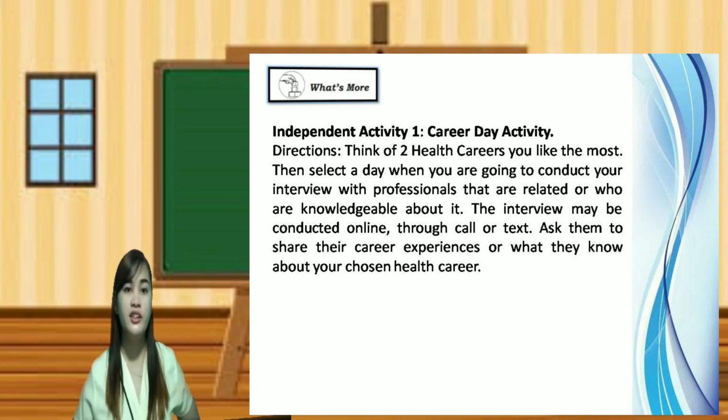Then select a day when you are going to conduct your interview with professionals who are knowledgeable about it. The interview may be conducted online through call, text, or messenger. Ask them to share their career experiences or what they know about your chosen health career.